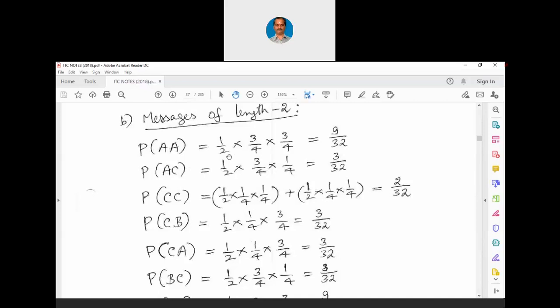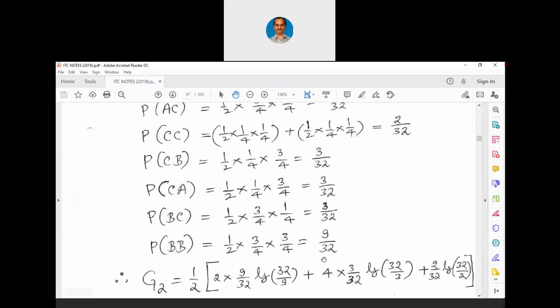P of AA is half into 3 by 4 into 3 by 4, because first state probability and then the transition probability, it is same 3 by 4 only for the symbol A. So it is 9 by 32. Similarly, P of AC, P of CC is occurring twice there, so it is 2 by 32. Similarly, CB, CA, BC and BB.